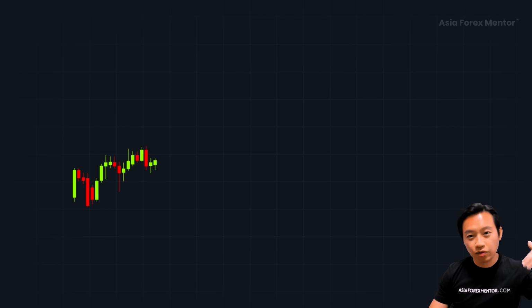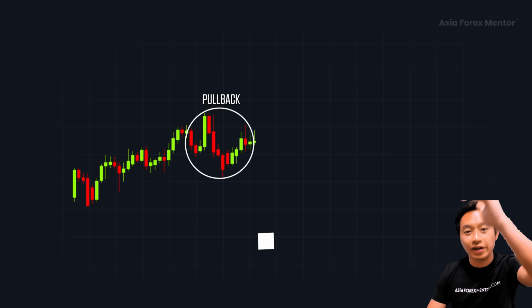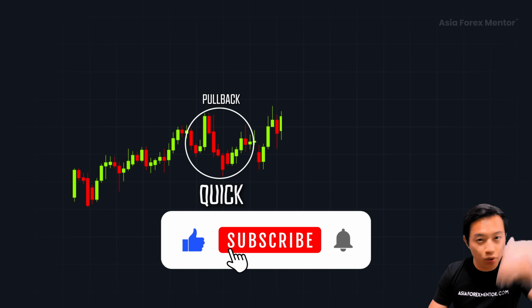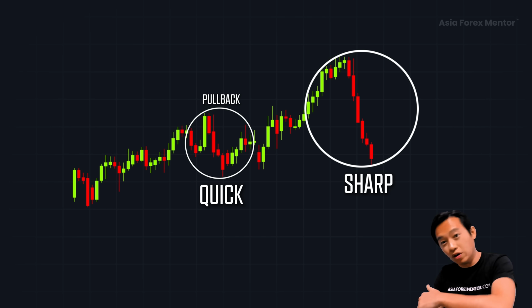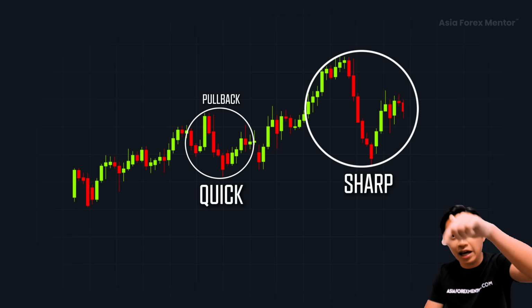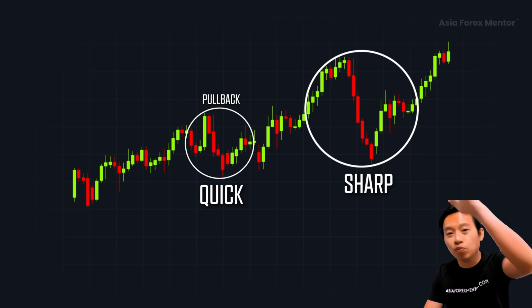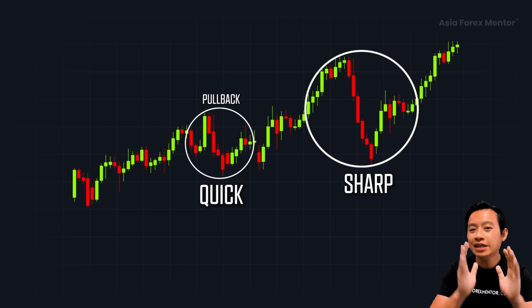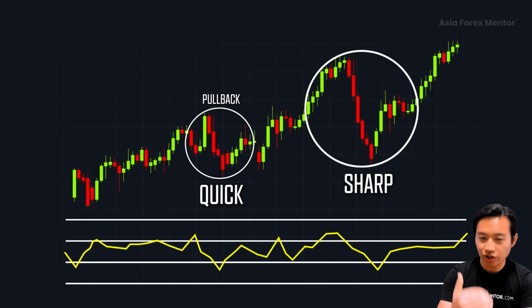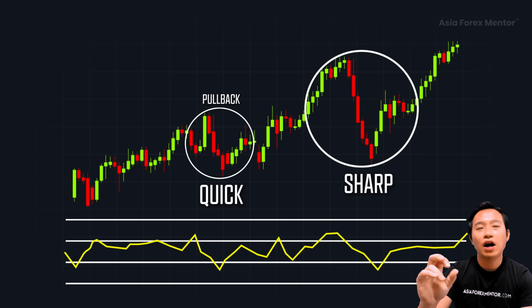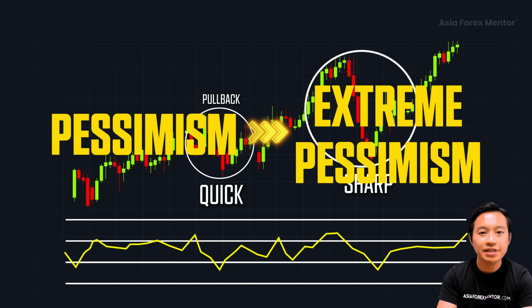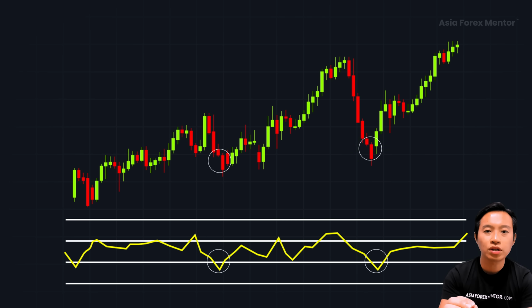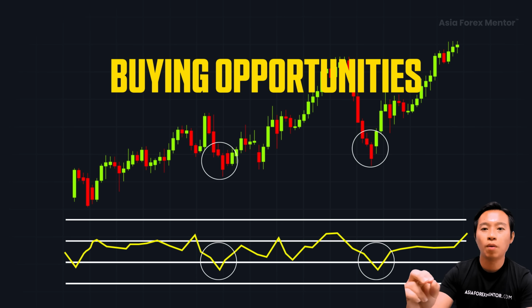Now, of course, when the market goes up, there are always what? Pullbacks. Sometimes they are quick and fast, sometimes they are sharp, but they don't usually last long. Eventually the market gets back on track to continue moving upwards. This is where the RSI indicator comes in. During all these pullbacks, there are periods of pessimism and extreme pessimism, and the RSI can spot really good buying opportunities.